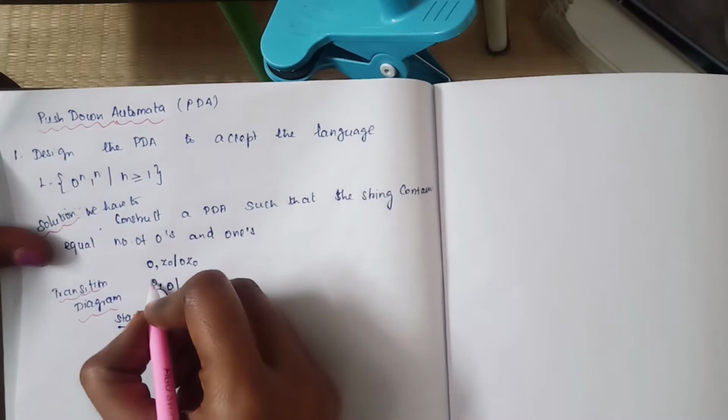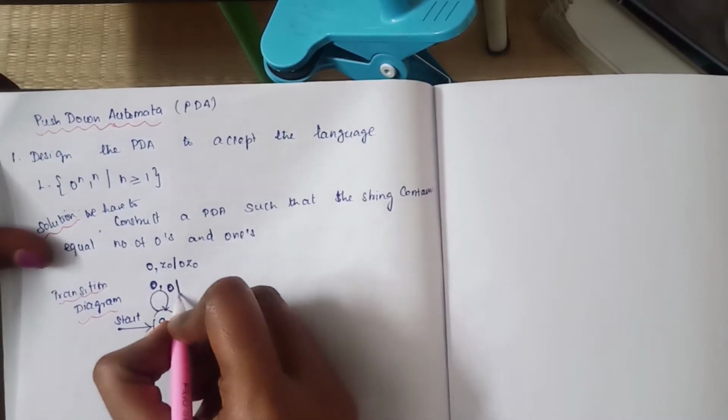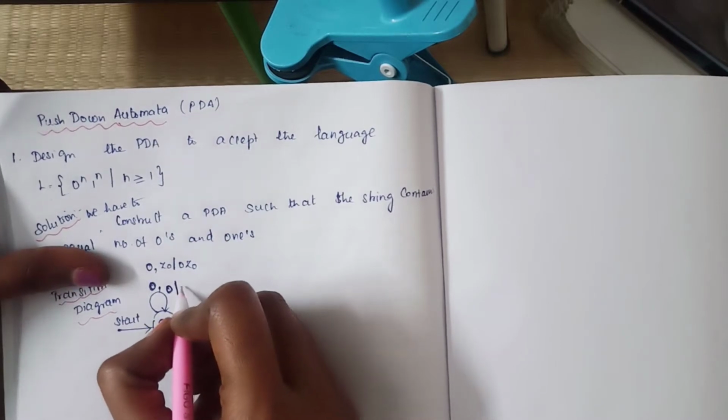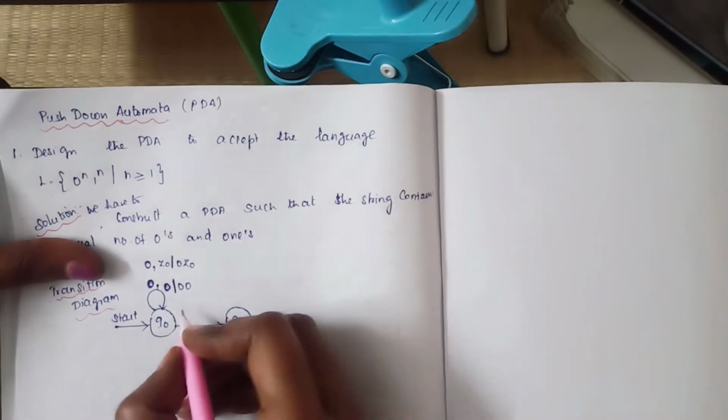Similarly, when your input symbol is 0 and the top of the stack is 0, now this stack contains 0 0, right?